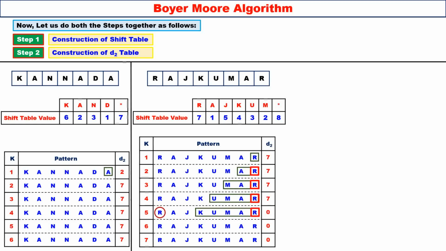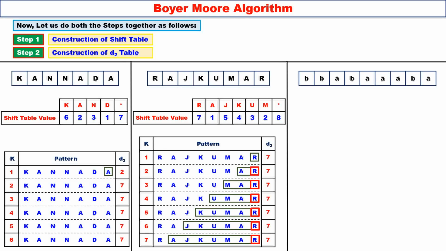Similarly, here also R is found as the prefix, 7. In the last string also, R is found as the prefix. Now, for Rajkumar, we have the shift table values and we have the D2 values also.